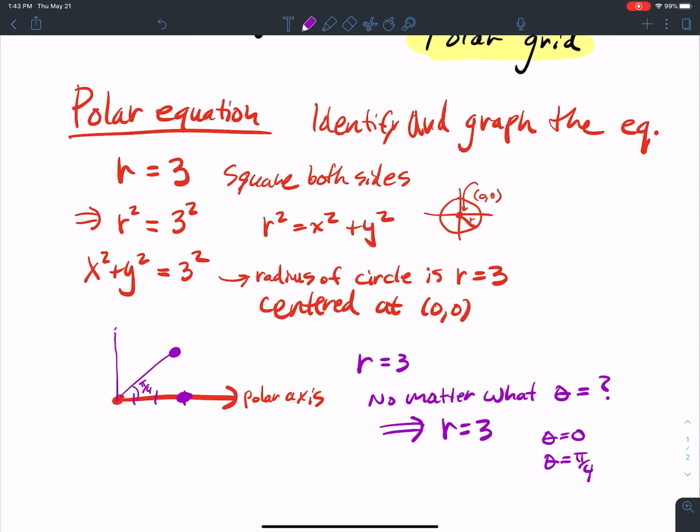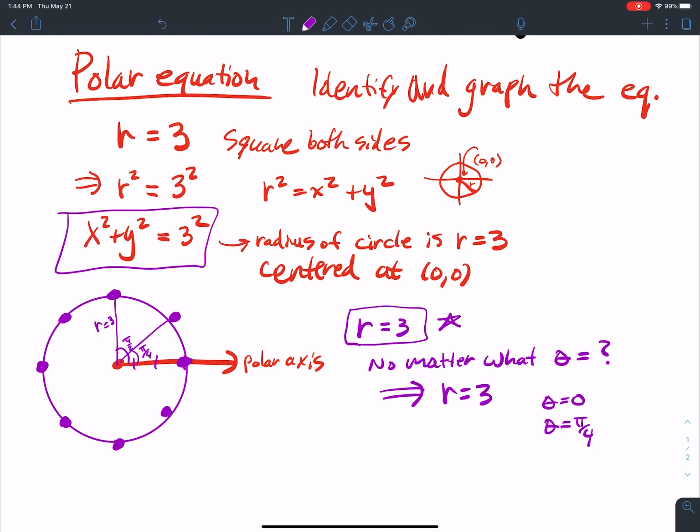At theta equal to pi over 2, I'm out 3. 3 pi over 4, pi, all the way around, I'm always a radius of 3. So r is constant, equal to 3 always. That is my circle. r equal to 3 is the same thing as x squared plus y squared equals 3 squared.